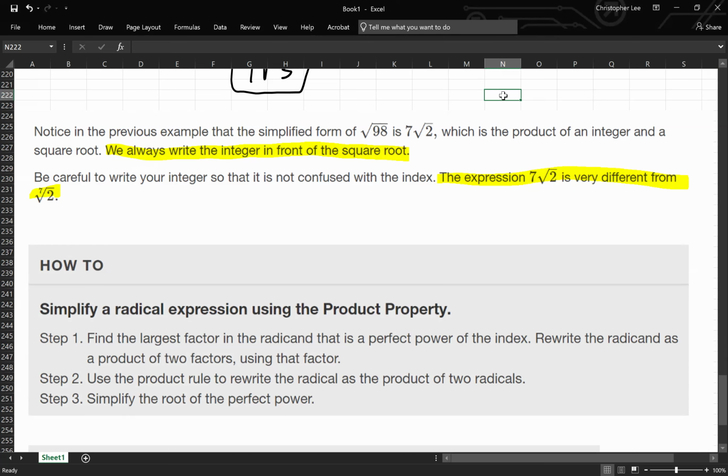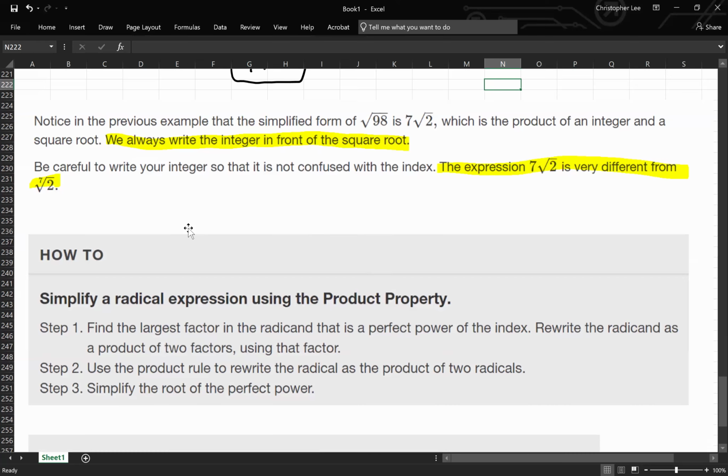We always write the integer in front of the square root. Be careful to write your integer so that it is not confused with the index. The expression 7 square root of 2 is very different from the seventh root of 2. So whenever you have a number in front, make sure you write it big, so that you don't confuse it with an index.